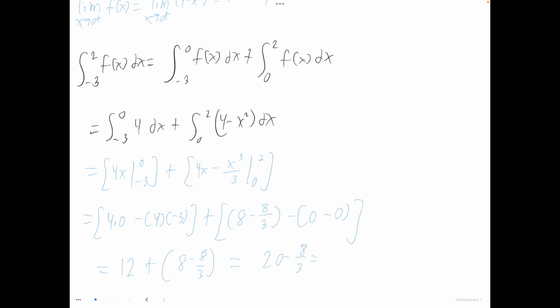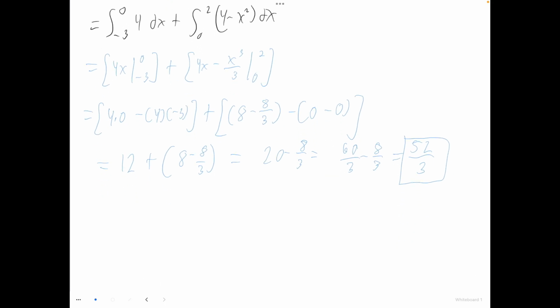Combining things, this is 60 over 3 minus 8 over 3, so we get 52 over 3. And so the value of this integral is 52 over 3. We were able to compute the value of this integral.